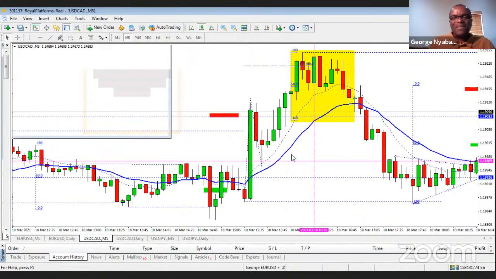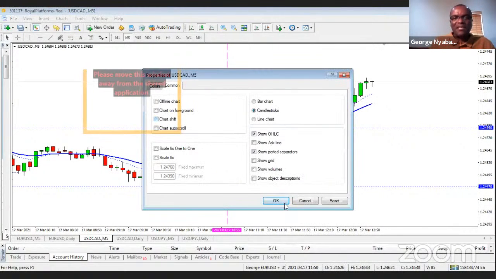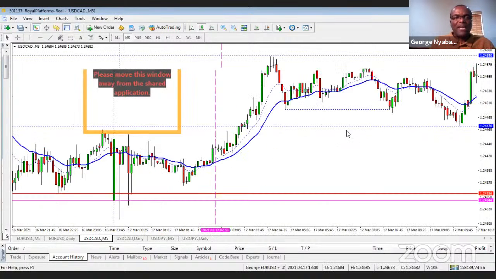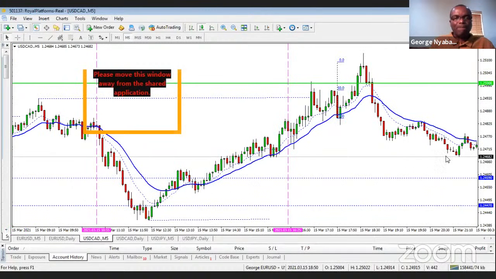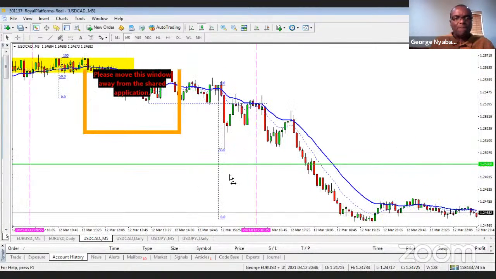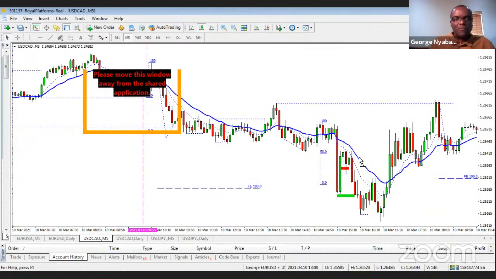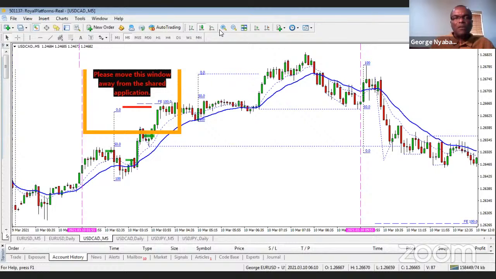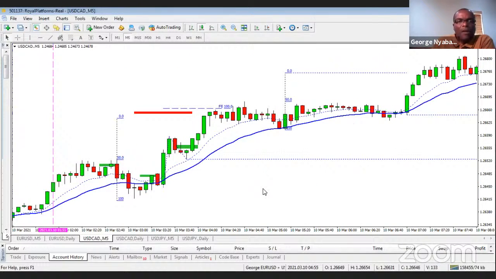So let's have a look at the CAD quickly. USD CAD. Just go back to the 10th of March. Okay, so 10th of March, USD CAD. There we go.